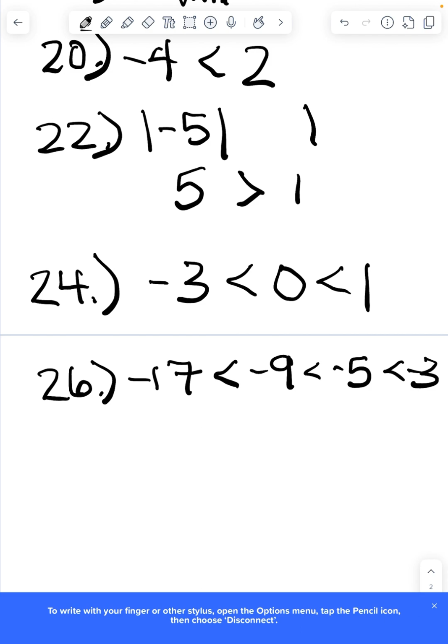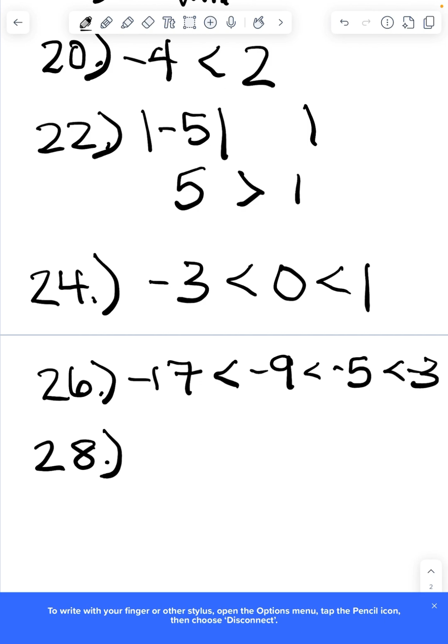Number 28, we're going to order the integers from greatest to least using the greater than symbol. So it's actually the same type of directions, it's just we're going the opposite way now. So we're going to start with the bigger one, which means we need to use the greater than symbol in our number sentence.